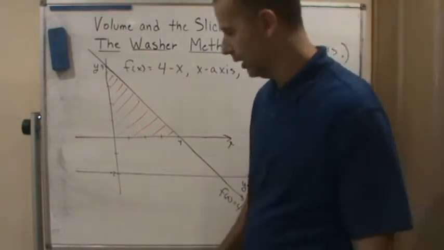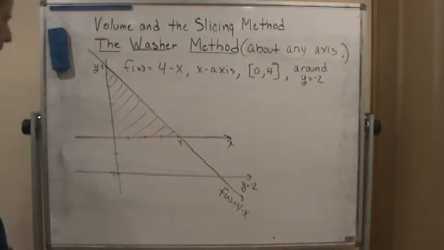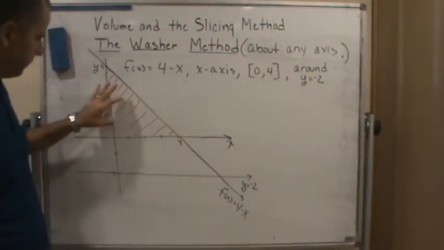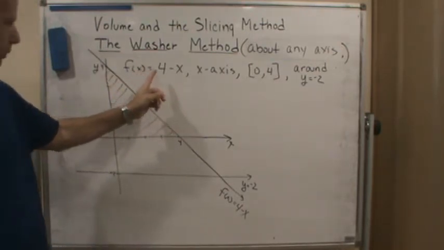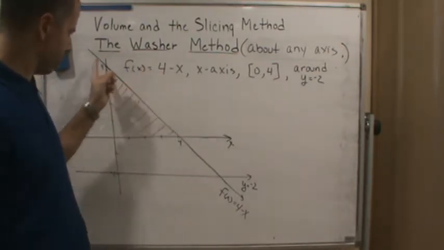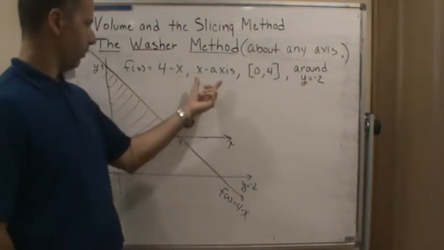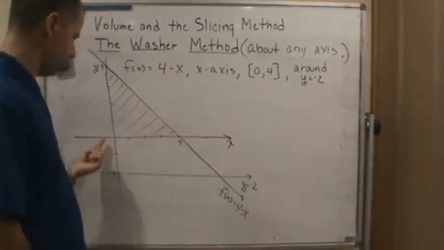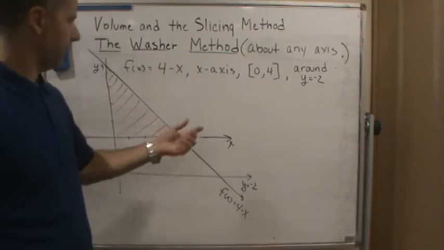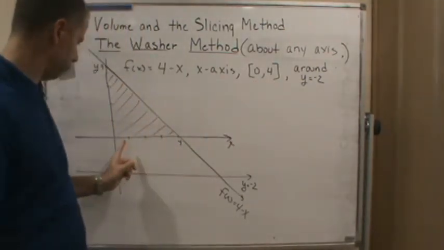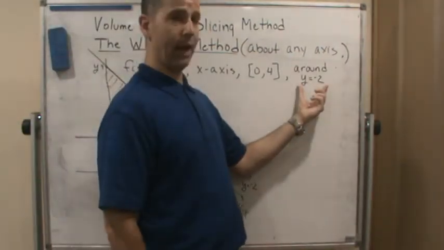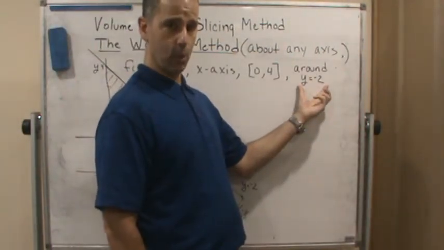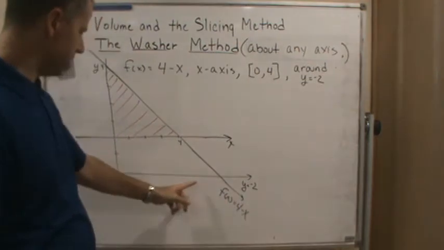So for example, here's the region that we've defined. We've got the region that's bounded by 4 minus x, which is this line here, and the x-axis right here, and we're going to go from 0 to 4. But this time we want to go around y equals -2, which is this one.